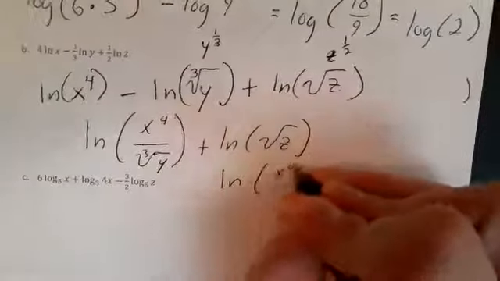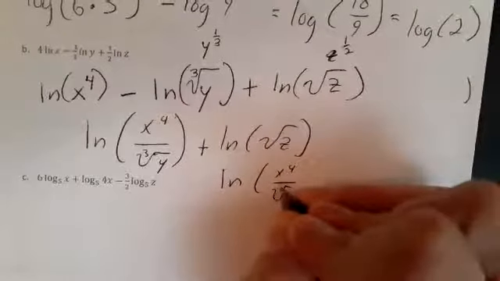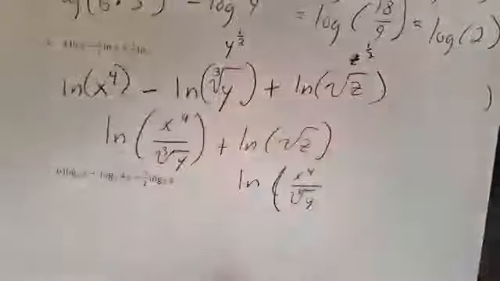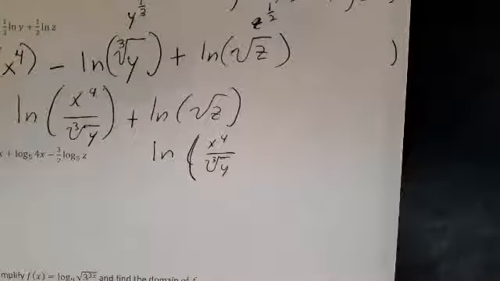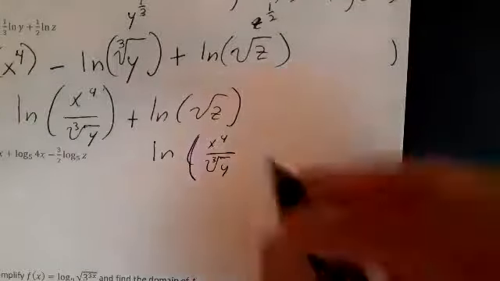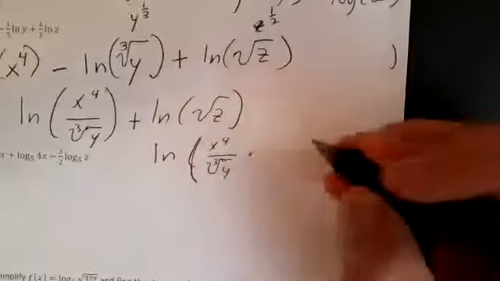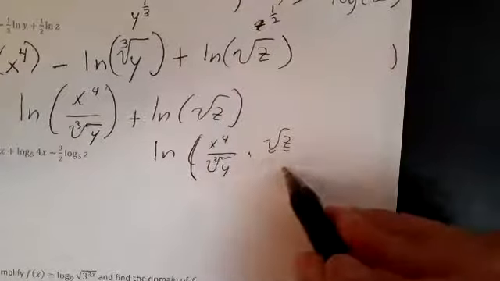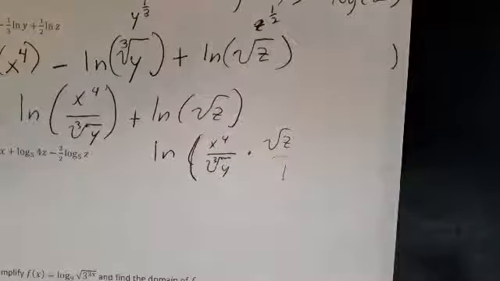So this x to the 4th, this is cube root of y. This big long quotient here, we're multiplying now by a square root of z. If you want to write square root of z over 1, that's fine.